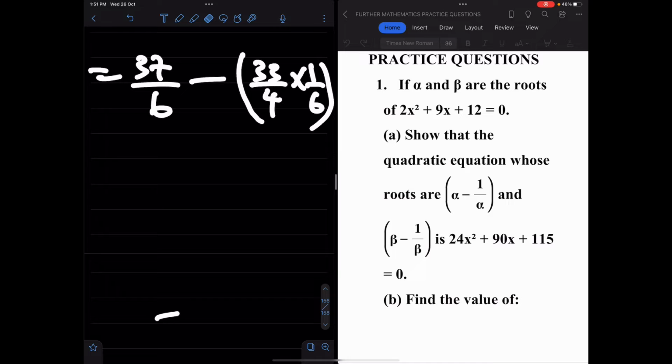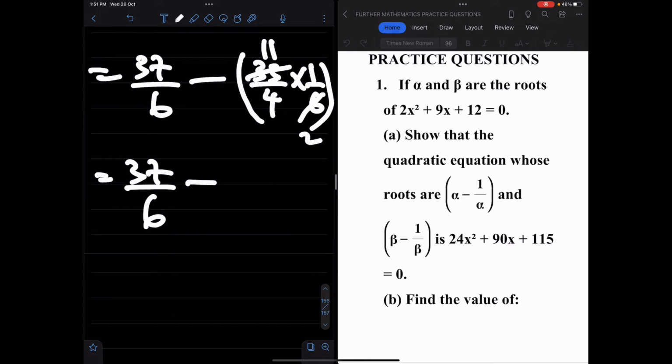So what does that give us? That's equal to 37 over 6 minus 33 over 24, and simplifying, 3 here 11, 3 here 2, that's minus 11 over 8.